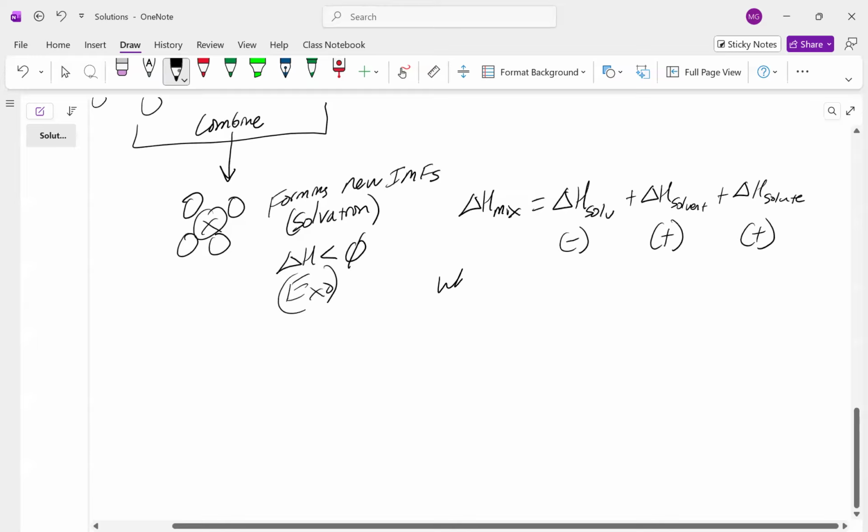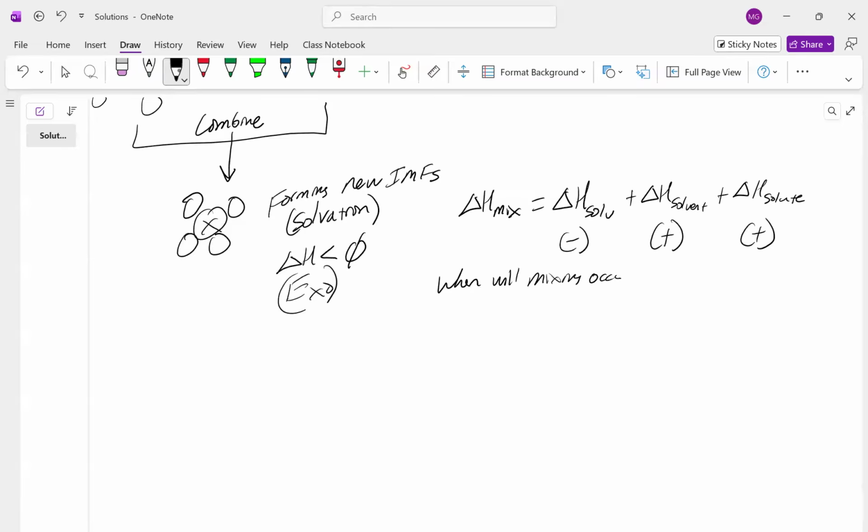So when will mixing occur? Well, the requirement is that delta H of mixing is negative, so the whole process is exothermic, or it is possible for it to be slightly positive as long as entropy increases. And you'll talk more about that in 102.